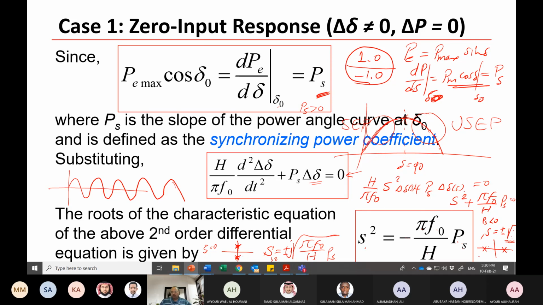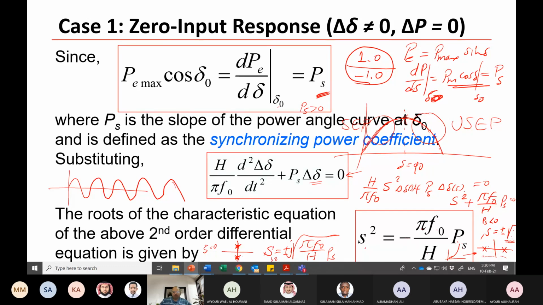So these are the poles or the roots. If this is the case, but what is the response? How would the response be if this is the case? The response is unstable.